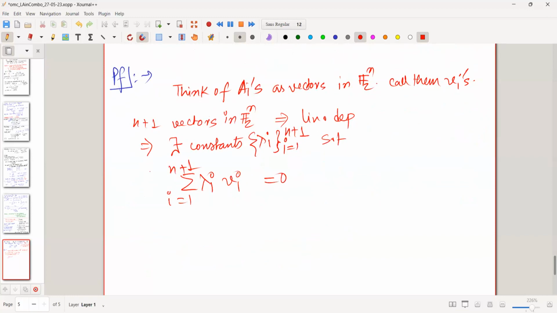But what next? Okay, so we got till here. I know that there are n plus 1 vectors in F2^n, so they must be linearly dependent. And hence you can write the summation of lambda I vi equals 0. So what next?